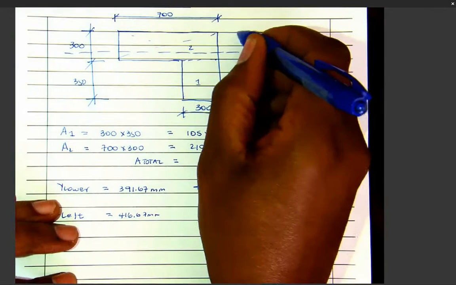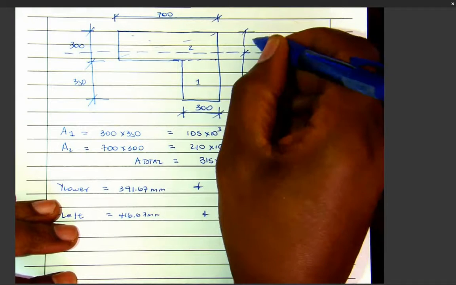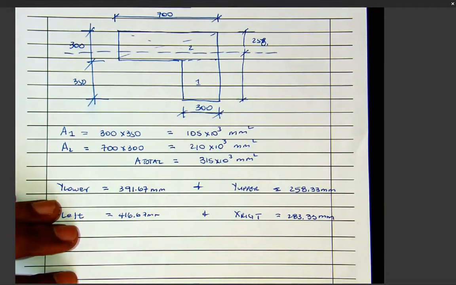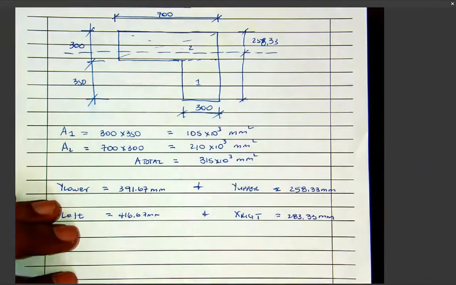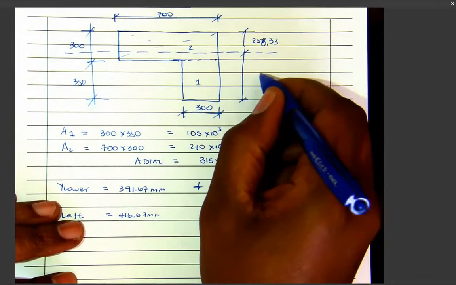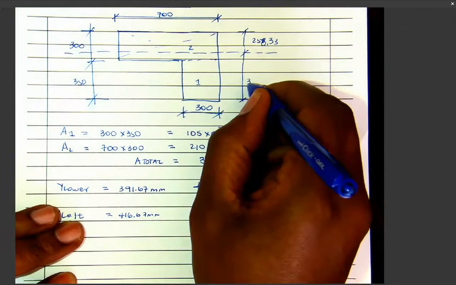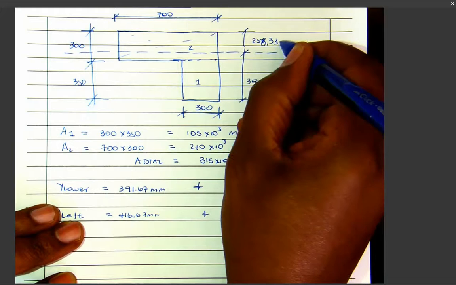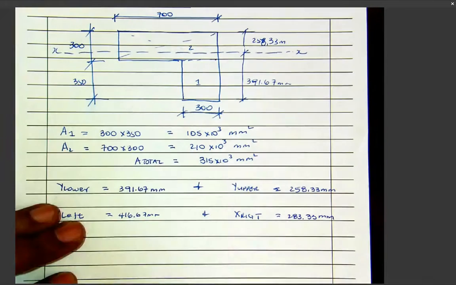So this is the position. 258,33. Then from the bottom is 391,67 millimeters. This is the position of axis.